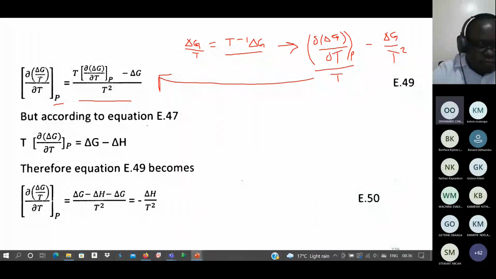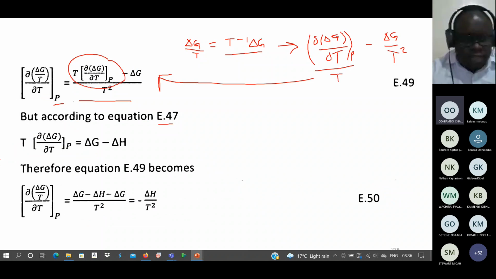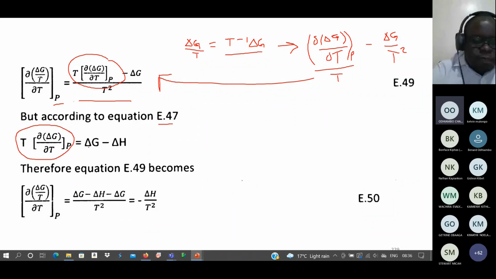Now, according to E47, this part of the expression here, let's just have a look at this. E47 was the Gibbs-Helmholtz equation that involved the change in Gibbs free energy. If you rearrange that equation, you have this expression being equal to delta G minus delta H. So that means we can substitute it into this expression.